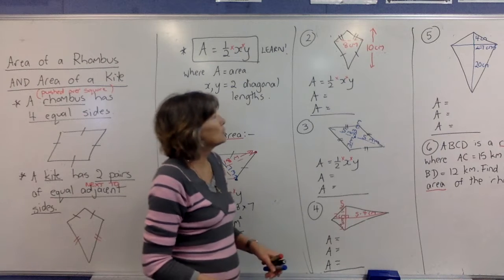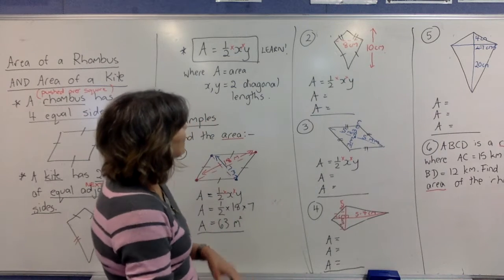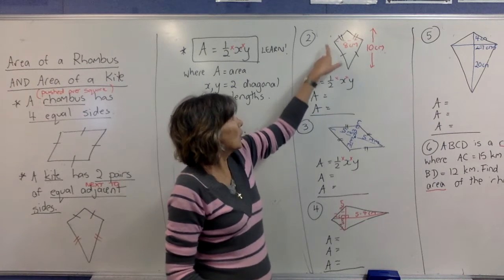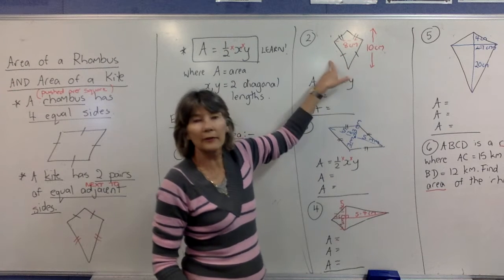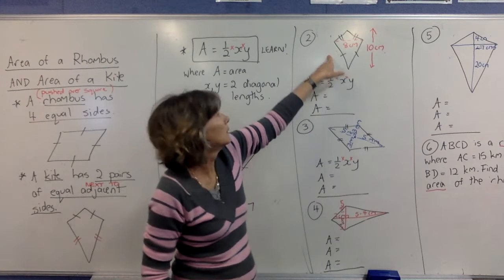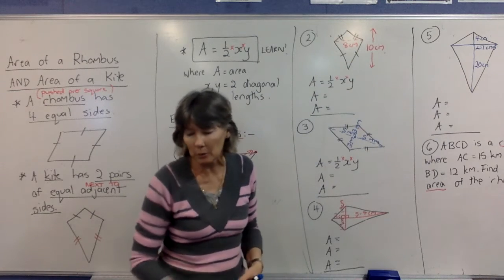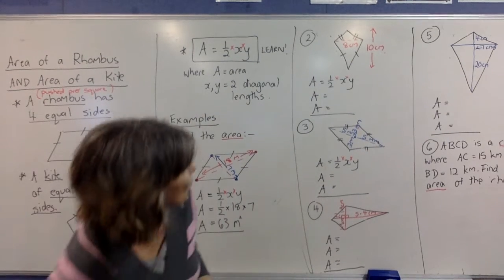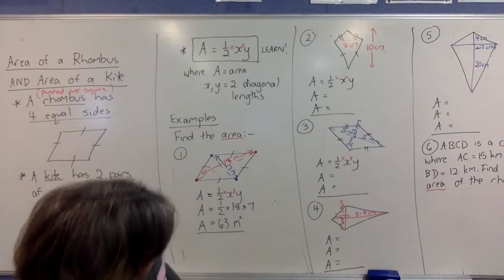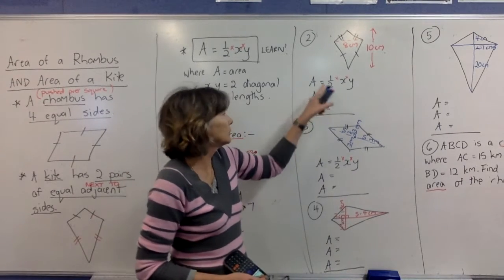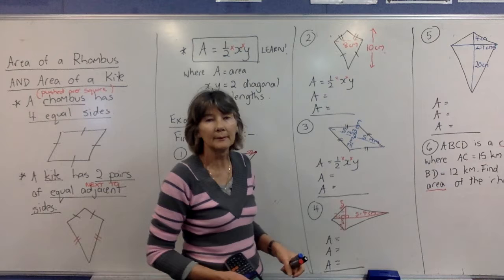All right, let's look at number 2. Okay, so this is a kite, because we have one pair of adjacent sides equal here, and up here, next to each other, another pair of adjacent sides equal. So we're going to put our formula down for the area of a kite, which is A equals a half times x times y.